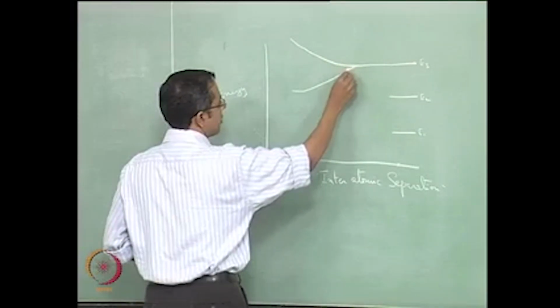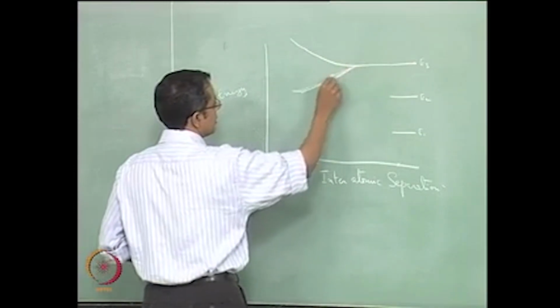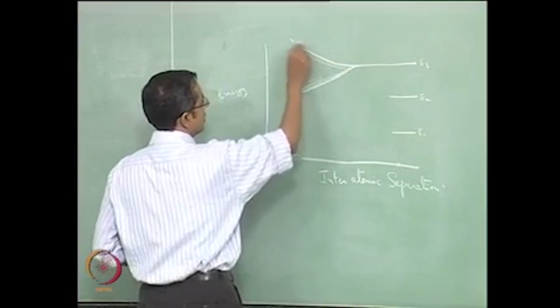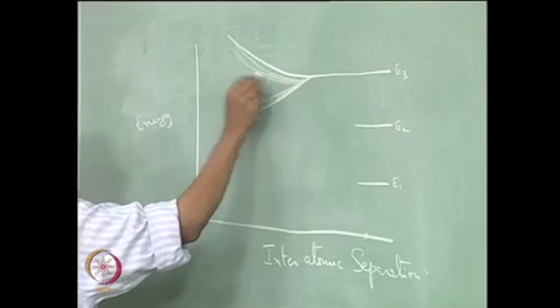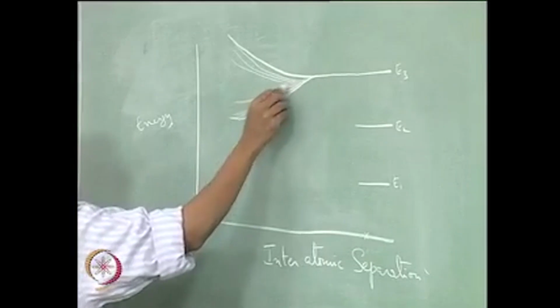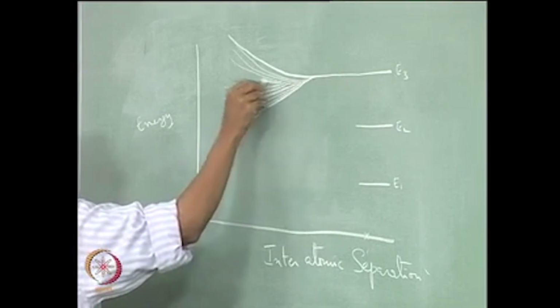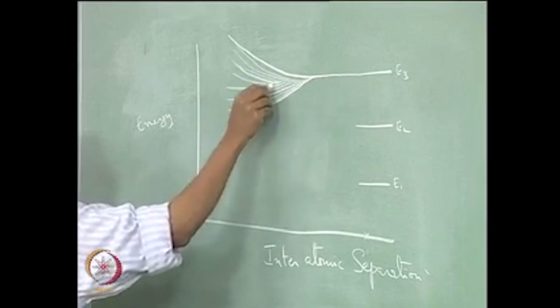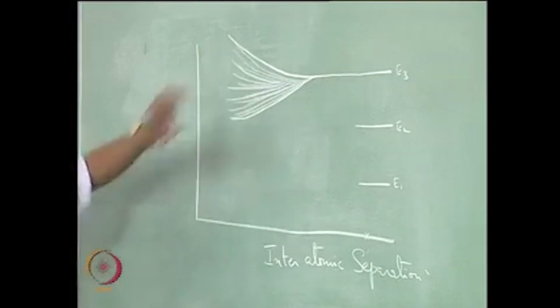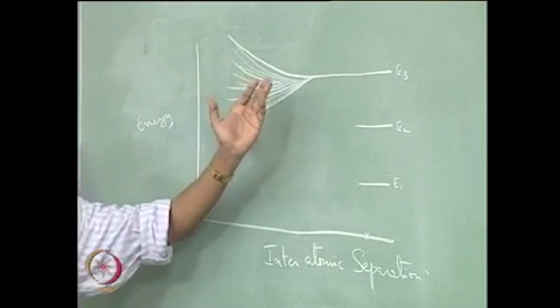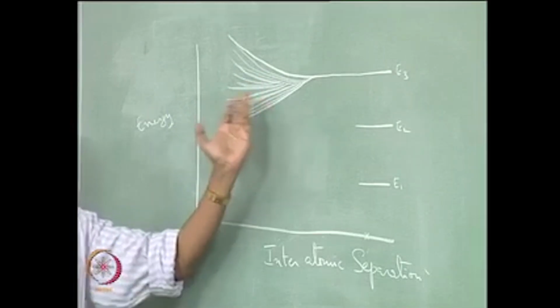You actually have a huge number of energy values here. Exactly how many energy values you have here will depend on the number of atoms that you are pulling together, because that many electrons have to be accommodated.